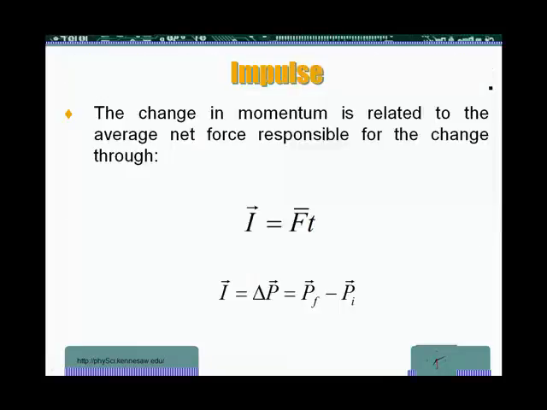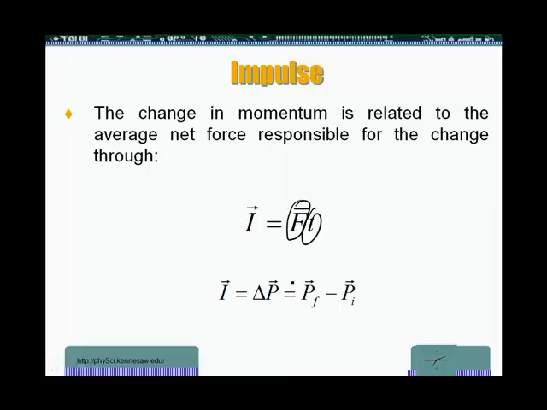Now, another definition of impulse: it is equal to the average force that's responsible for that change in momentum times the time during which that force is acting.